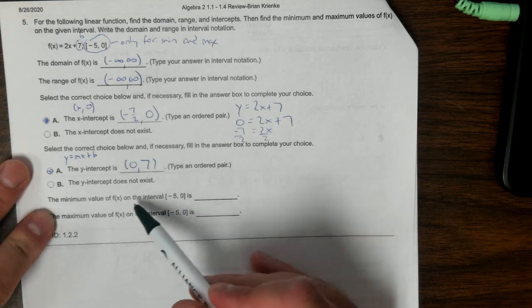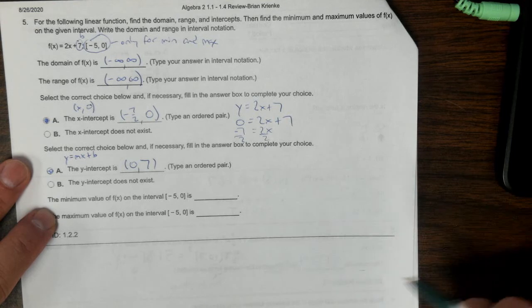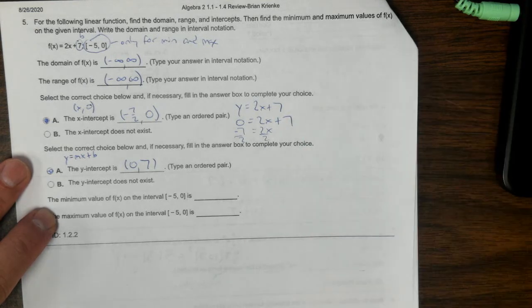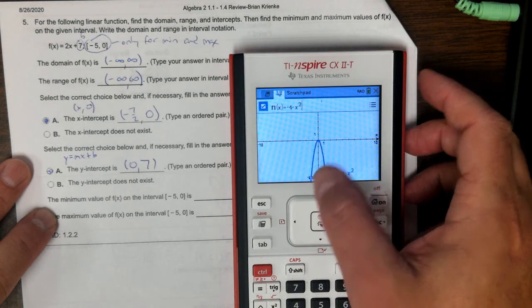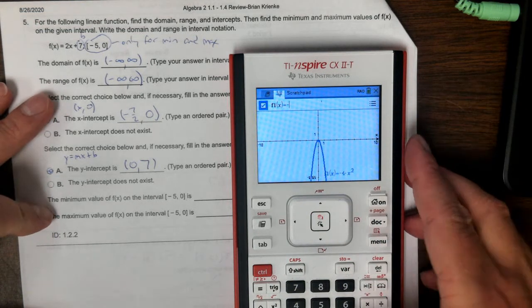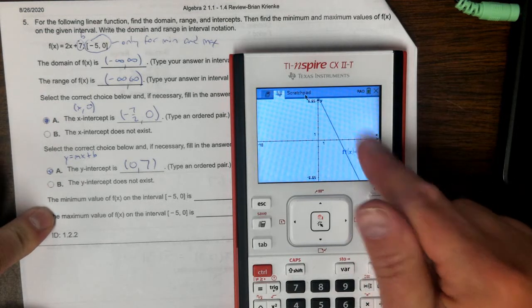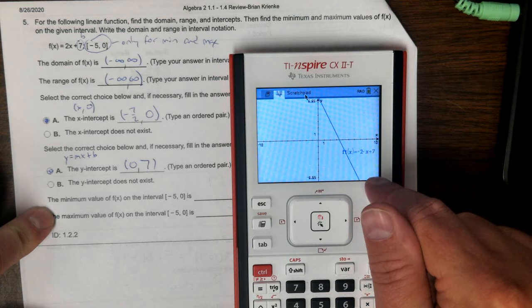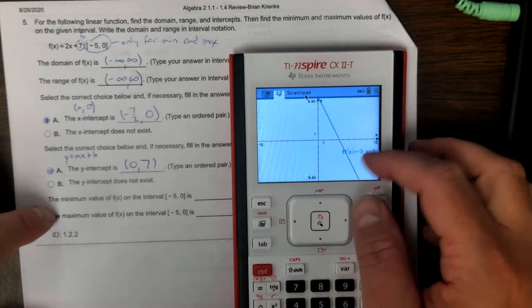Okay, so now we get to the minimum value on -5 to 0. So this graph, when I press tab, then I go up arrow, I can change this. And I'm putting 2x plus 7. So it's down. That means the, wait, I kept a negative sign there on accident.